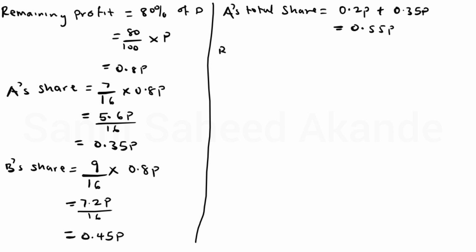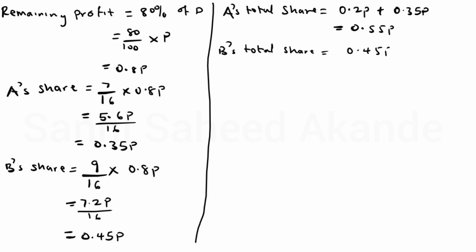Let me just write it here. B's total share will be equal to what he collected from the remaining, which is 0.45P. Now the question asks us to find the ratio of A's total share to B's.